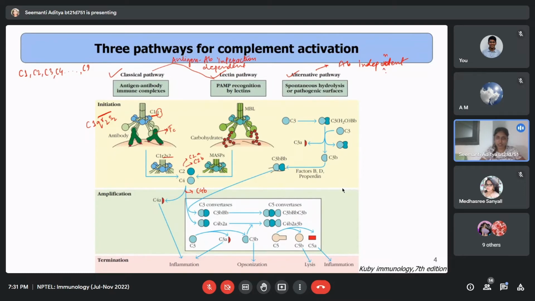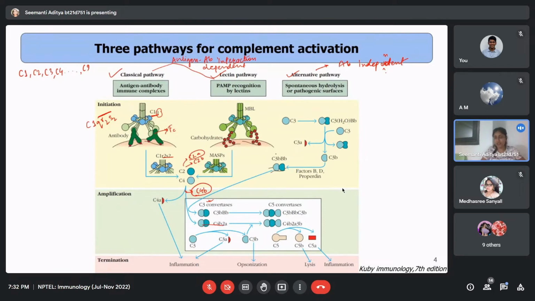Now C4B and C2A form a complex, and this complex is known as C3 convertase.